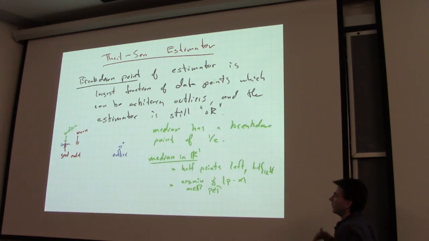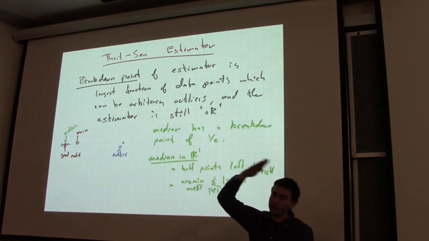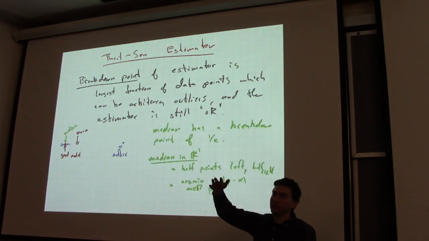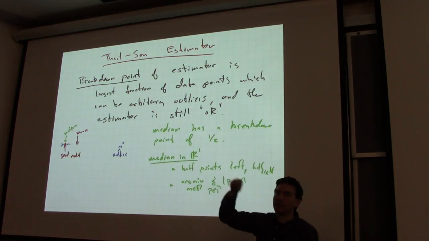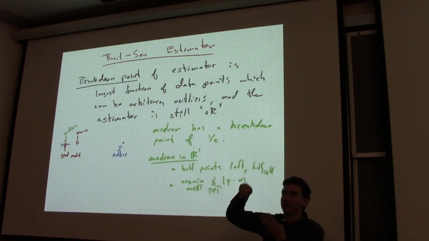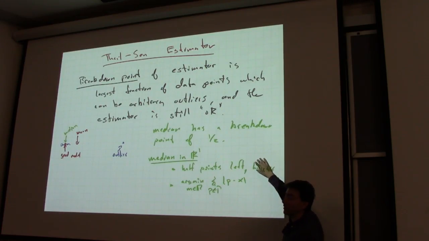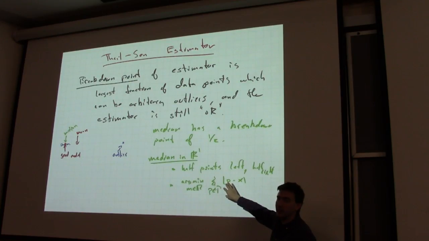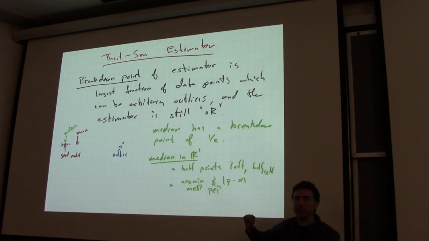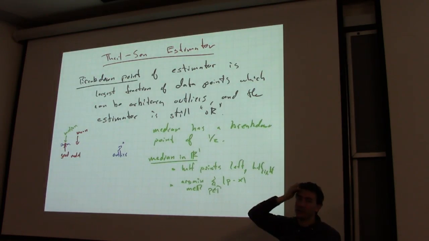Or I can look at every set of d or d plus 1 points, draw a half space through those, and I want the median to be inside most of these half spaces. This is much more complicated to generalize, and there are various ways to do it. Might be useful on your homework. But this one actually turns out to be tricky to solve in high dimensions, though there are ways to do it.